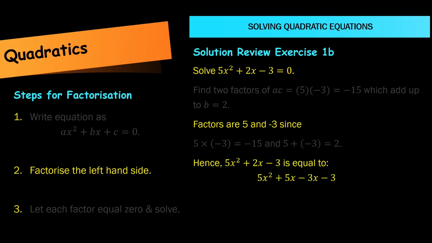And so 5x squared plus 2x minus 3 can be rewritten as 5x squared plus 5x minus 3x minus 3.